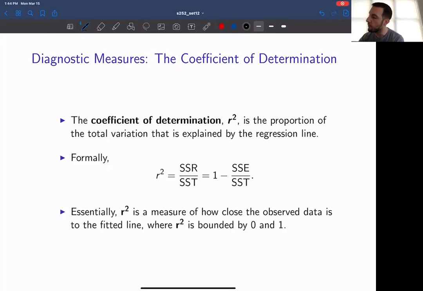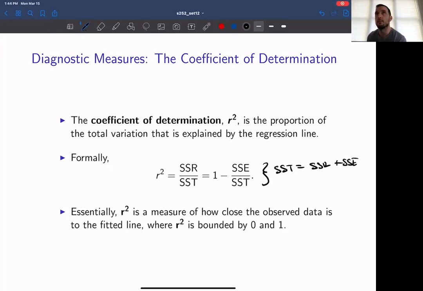We know that SST is equal to SSR plus SSE. So R squared is just taking the sum of squares regression part and dividing it by the total sum of squares in Y. So we're basically just computing the proportion of Y that is explained by the regression line.